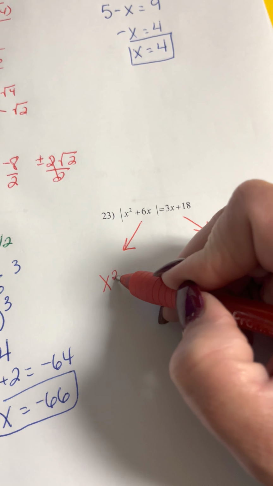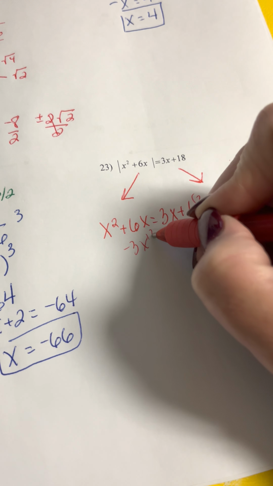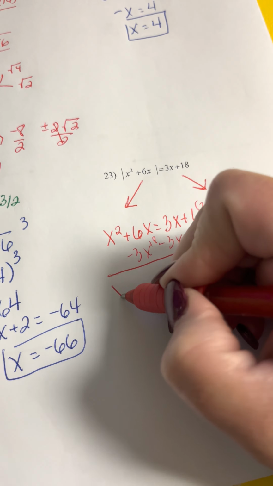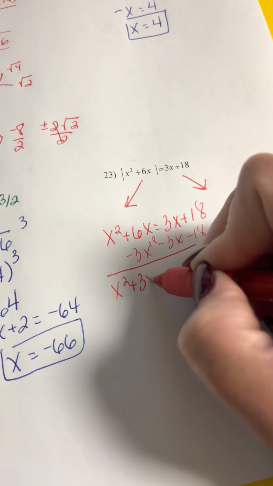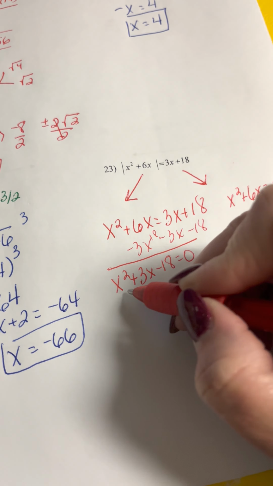So both of these are quadratic. So I'm going to get it set equal to 0. So we have x squared plus 3x minus 18. And then factor. And then set equal to 0.